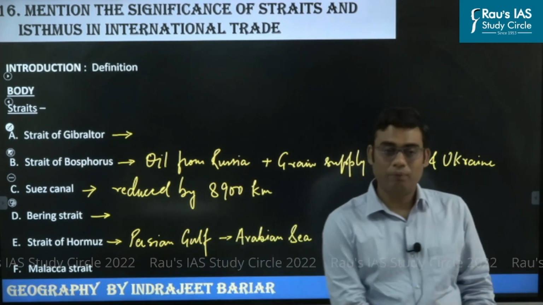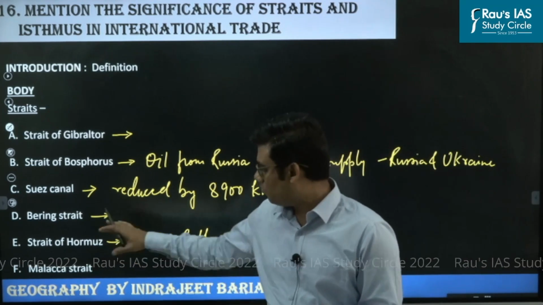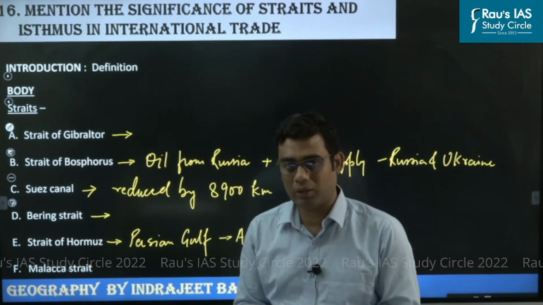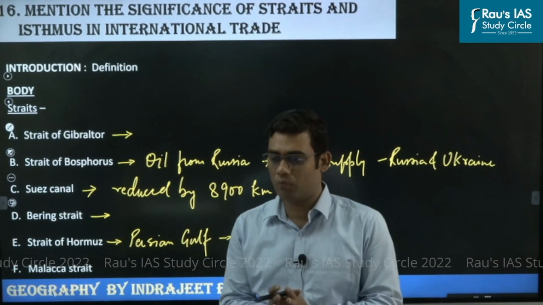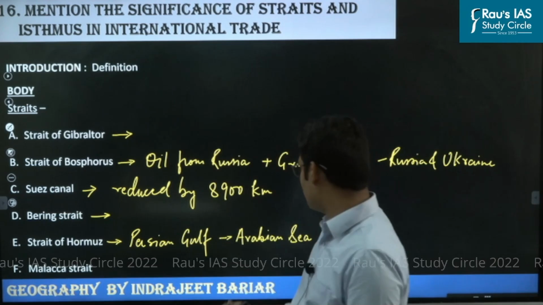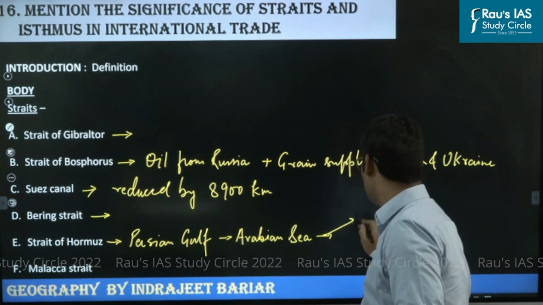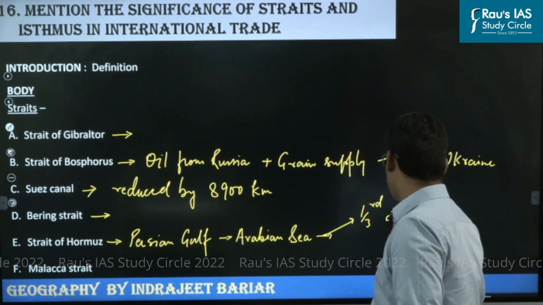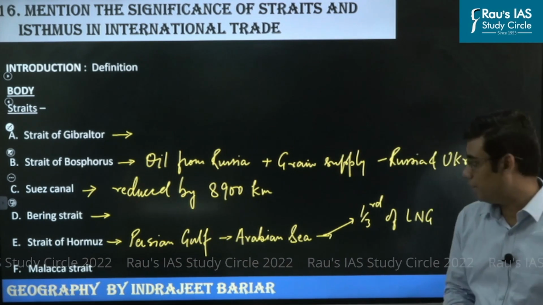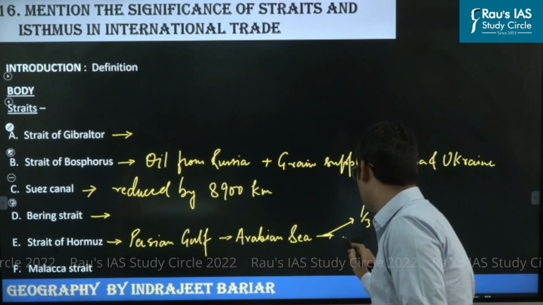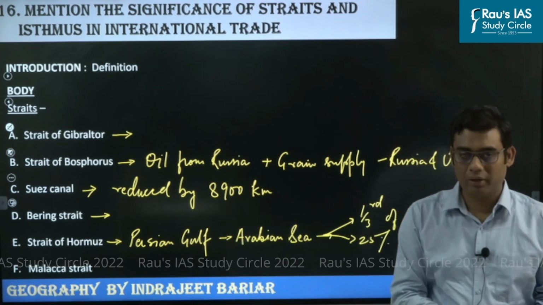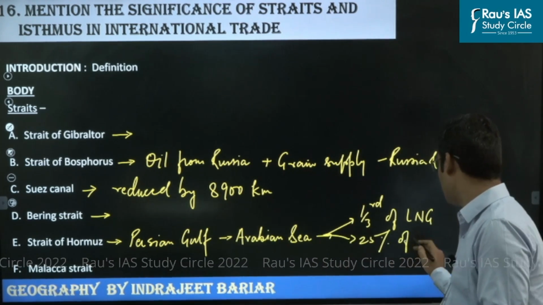It is an extremely important strait from economic and strategic significance, as almost 1/3 of the world's LNG, liquefied natural gas, maritime trade takes place through here. Similarly, 25% of the world's oil trade takes place through this strait.